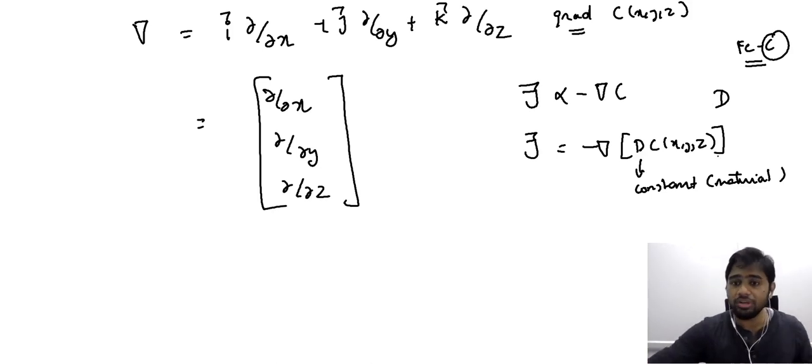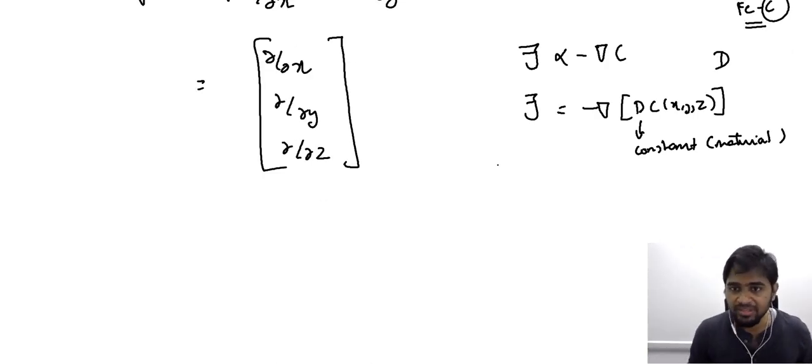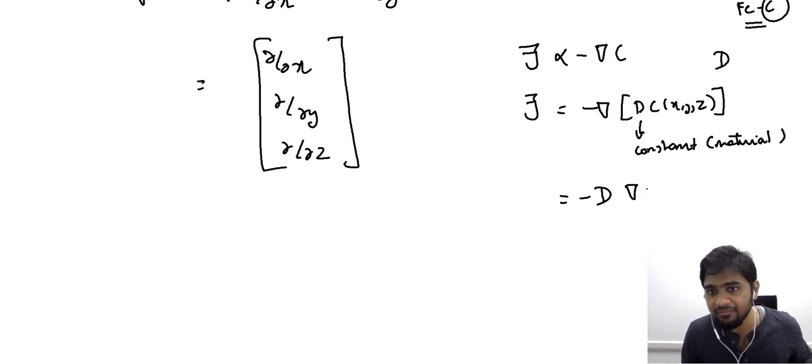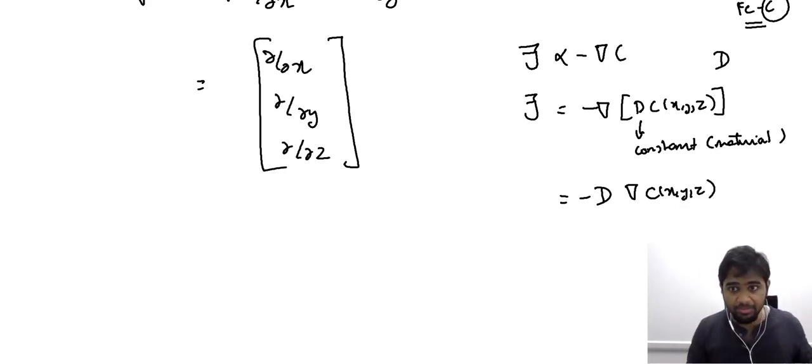So essentially it is possible for us to take the D outside. This being a constant, we can take it outside, and we can go back to relating the gradient operator to the concentration, which is the only variable that varies with the spatial position.